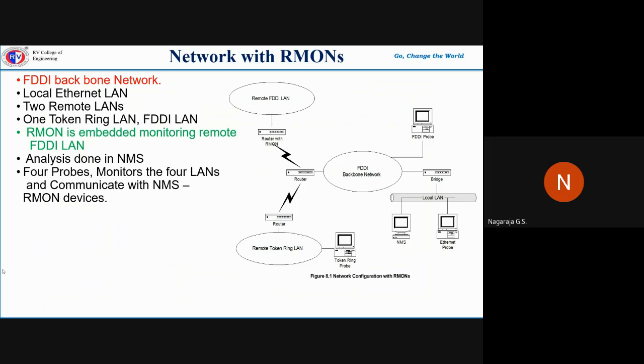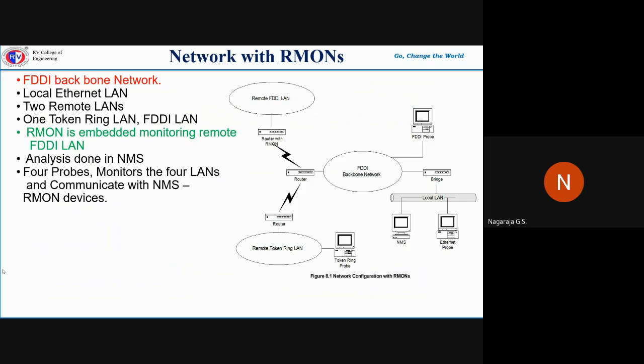Then on the upper side, you have an FDDI probe. Because we talk about an FDDI network, it uses an FDDI probe. We are trying to identify each RMON probe with its corresponding network, so it's an FDDI RMON probe, Ethernet RMON probe, like that.